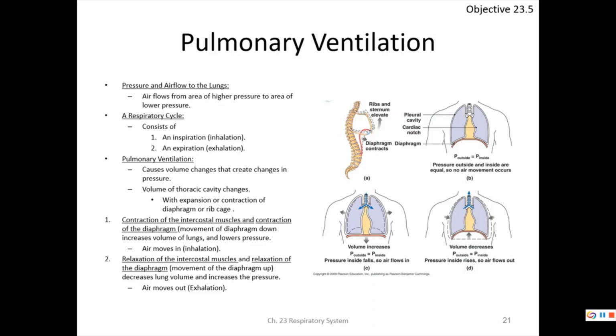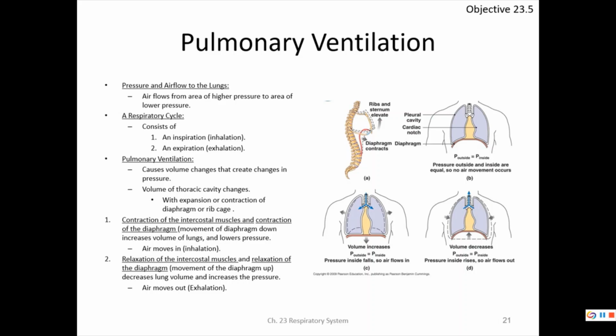Relaxation of intercostal muscles is going to cause a contraction. Your rib cage moves inward. We relax the diaphragm, and it moves upwards. As it moves upwards, you're going to see the chest get smaller. The thoracic cavity decreases in volume. And when volume decreases, the pressure goes up.